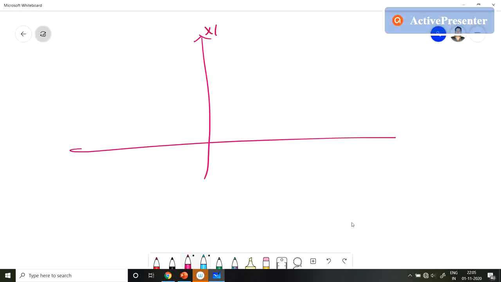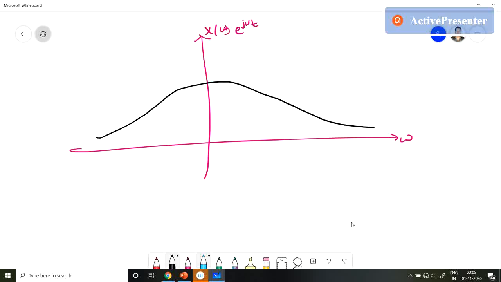We have X(omega) e raised to the power j omega t on the vertical axis, and here we have omega. Then this is the graph. Now if we plot the graph here, we can see that this is the area.